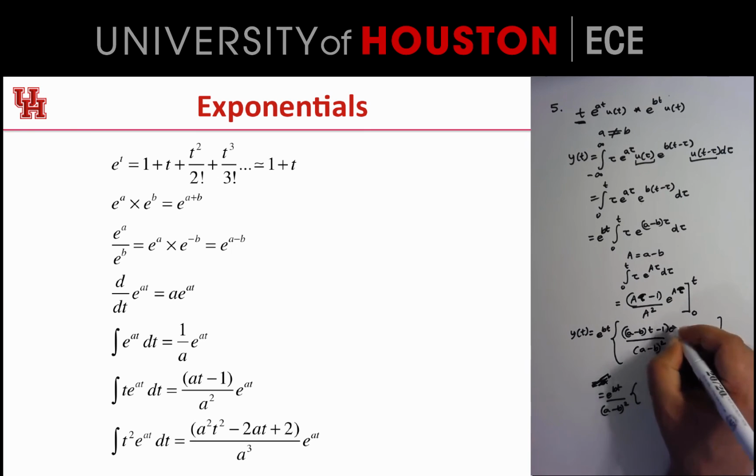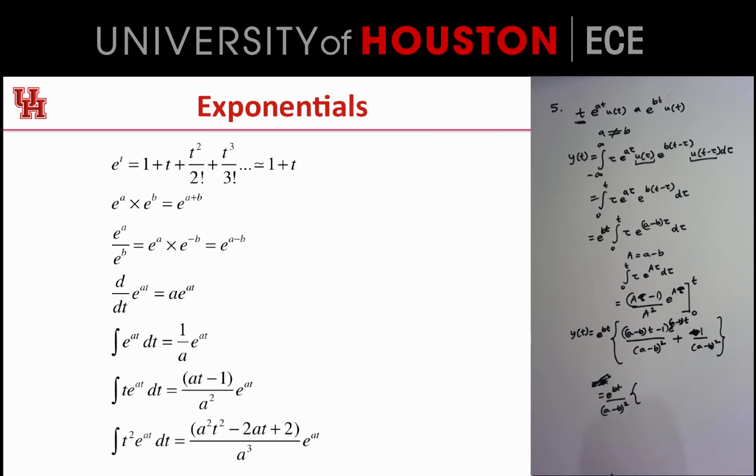Oh, this should be e to the (a minus b) t. So I get [(a minus b) t minus 1] times e to the (a minus b) t, then plus 1.